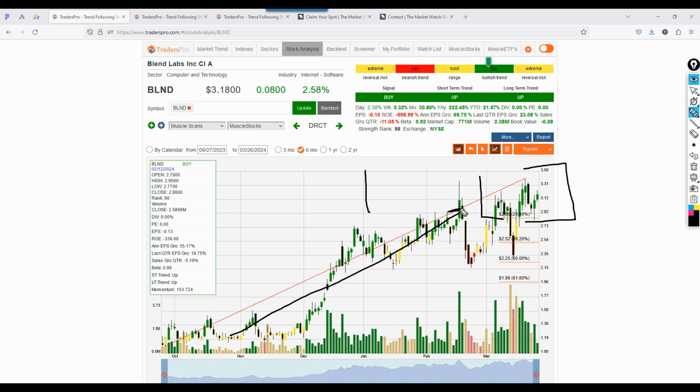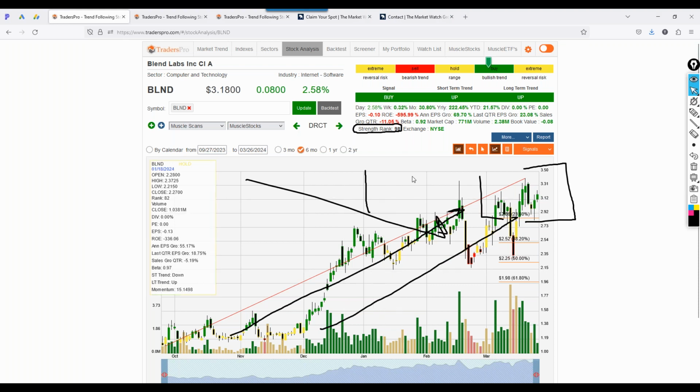Yes, I want to know where it came from. I want to know if it came from here or if it came from here and is starting to move down. But once it's moving that direction, I already know it's got strength because it's going to be a 90 or higher, 95 or higher, 98 or higher.